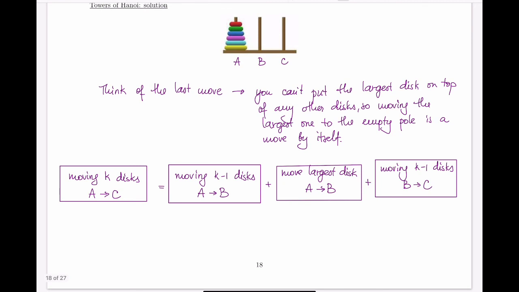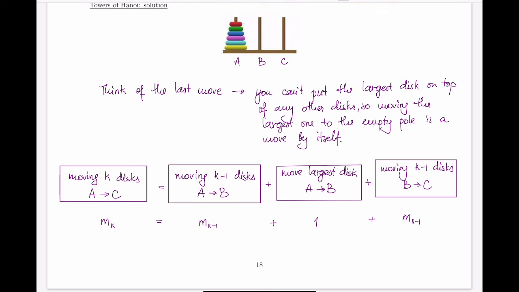So moving K disks is M sub K. Moving K-1 disks is M sub K-1. Moving the largest disk, just one disk from one pole to the next when it's the only one there, is only one way of doing that. Plus, there are K-1 disks that we still need to move. Actually, the exact same ones, right? So we took these, we plopped them in the middle, then we moved the largest disk over, and then we have to plop the exact same K-1 disks over to the last pole, which means it's actually the exact same number.